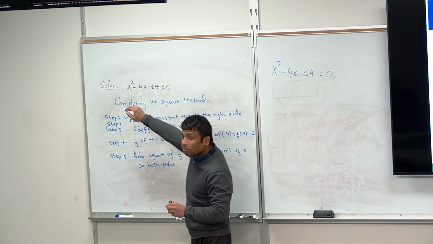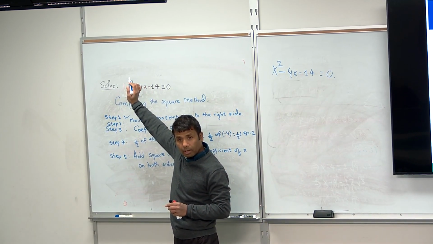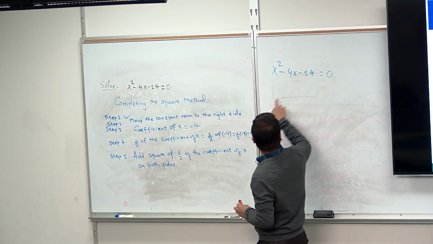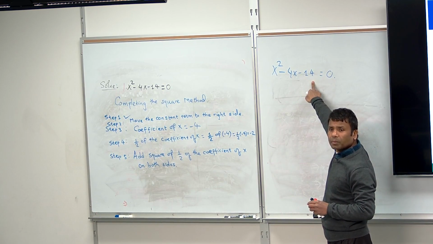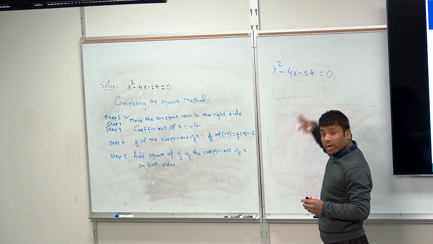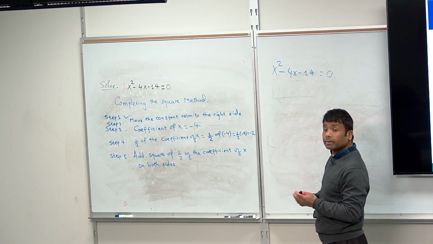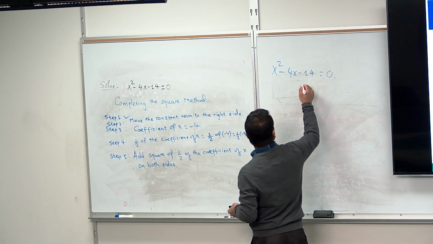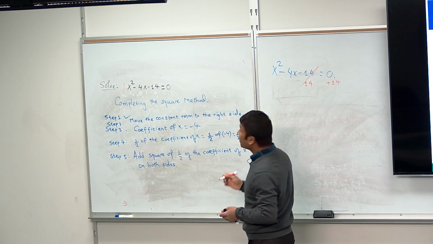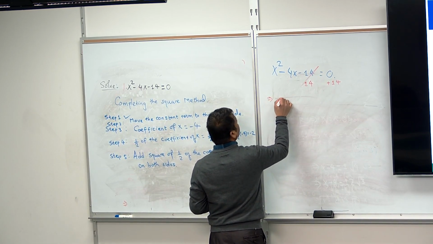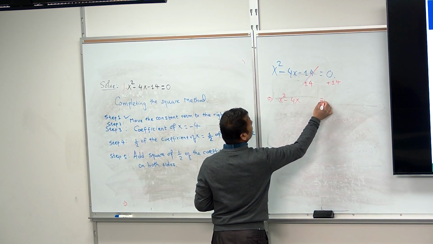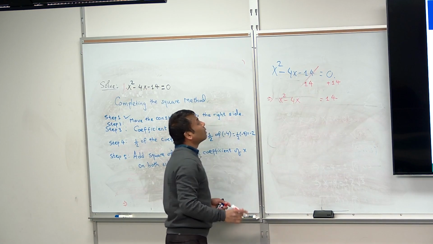Nothing to do for step 1, right? For step 2, move the constant term to the right side. What is the constant term? -14. You move that to the right side. How do you do that? Exactly. Add 14 on both sides. You cross them out. So that would be x square minus 4x equals 14. Make sense?